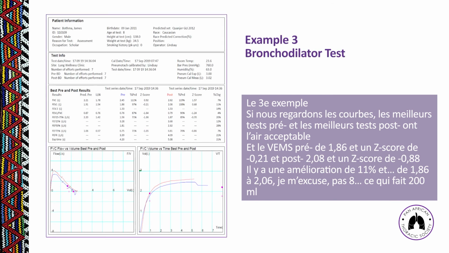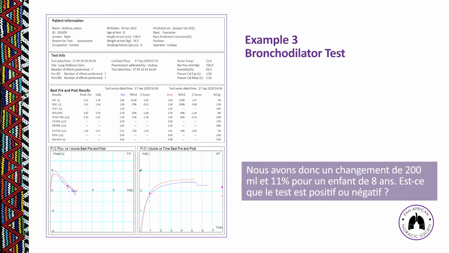Example number 3, if we look at the graphs, both the best test pre and the best test post look acceptable. When I look at the FEV1 pre, 1.86, a Z-score of minus 0.21, post 2.06, a Z-score of 0.88, there is 11% improvement and 200 mils.